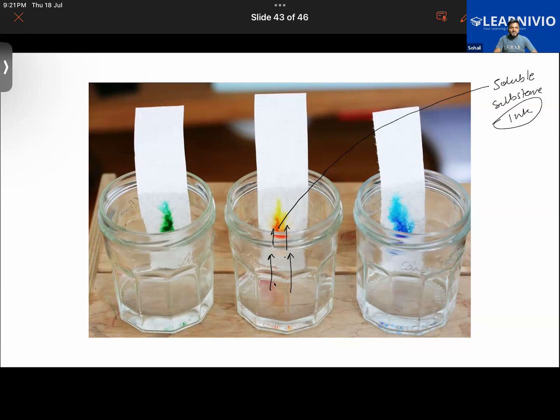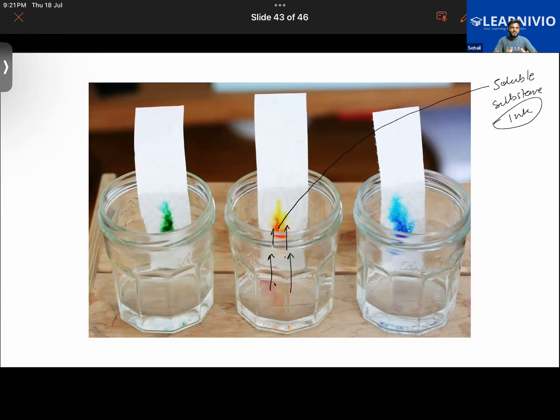I'm going to ask some questions to you guys, then we will continue further. In the case of paper chromatography, the mixture which we have, do we have solid mixtures?